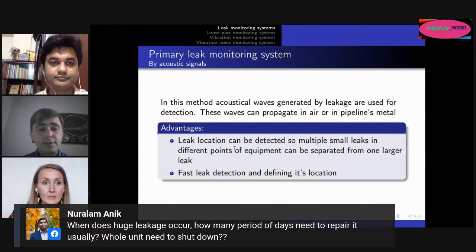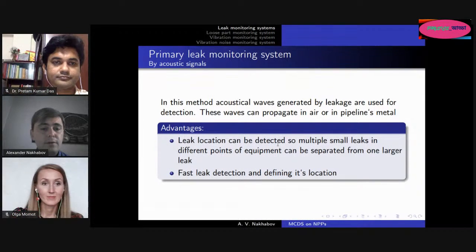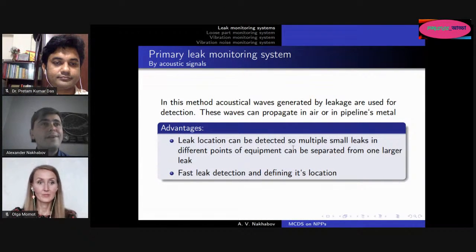You see the advantages. In this case, we can try to separate several small leakages, one from another. And in this case, it's possible not to have superposition of signals from different leaks.